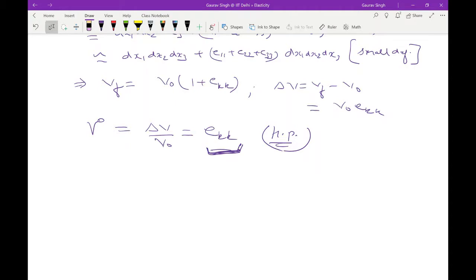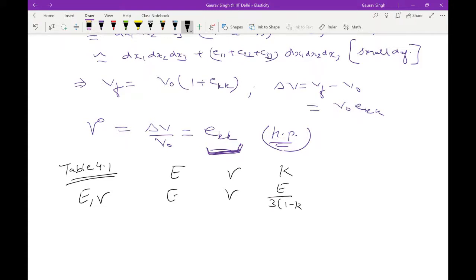So what we have is that we have introduced many elastic constants. Of course, only two of them are independent. Others can be derived one way or the other. So if you look at table 4.1, you will have, say, E and nu in terms of E, that will be E. In terms of nu, this will be nu. In terms of kappa, this will be E by 3(1 minus 2 nu).